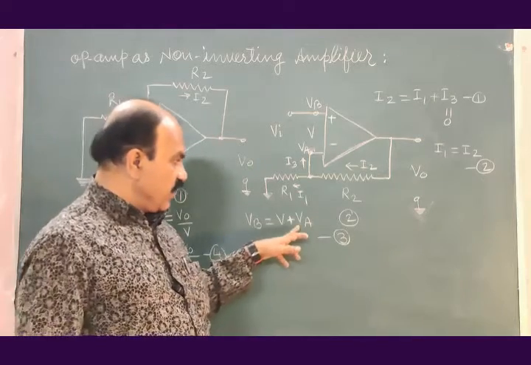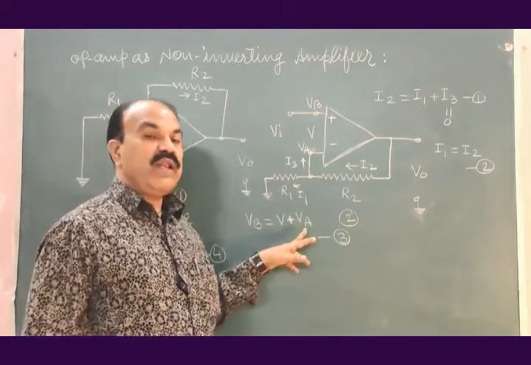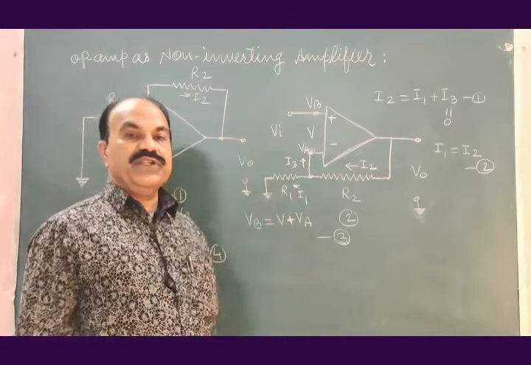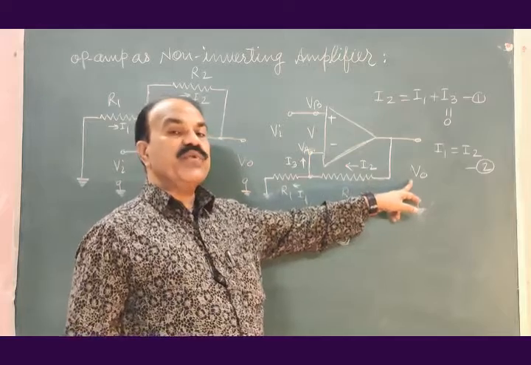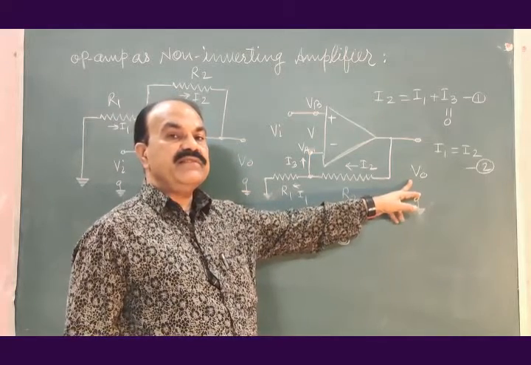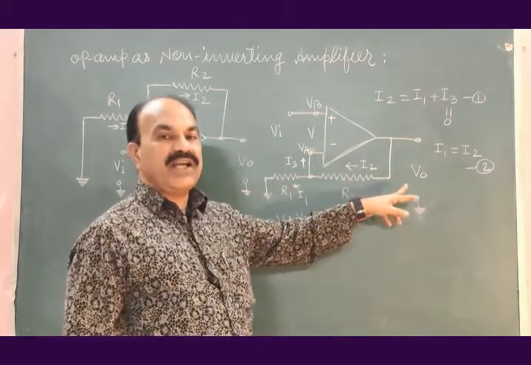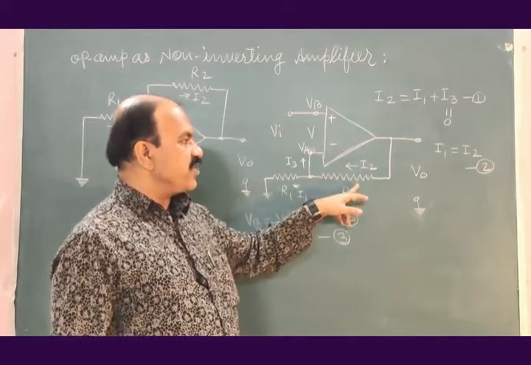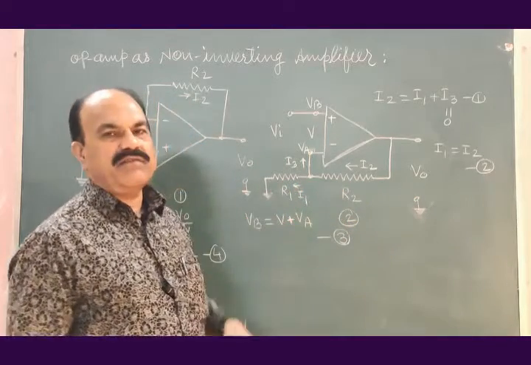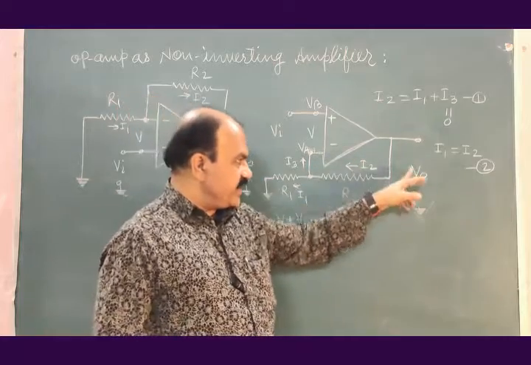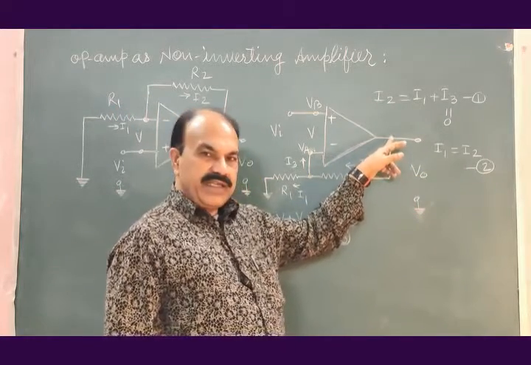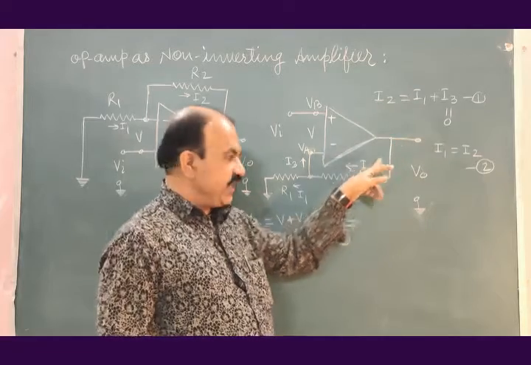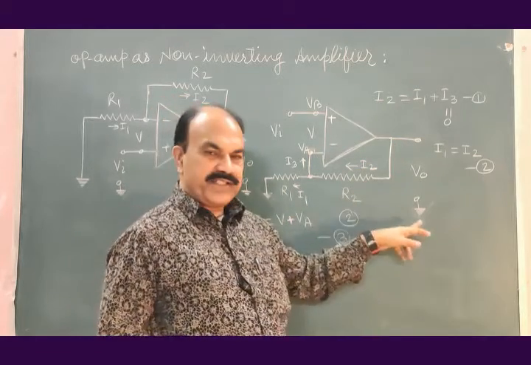Let us see what the value of Va is. To know the value of Va, come to the geometry of this figure. Vo is the voltage across the series combination of R2 and R1. This voltage is measured with respect to ground. This is ground and this is ground.